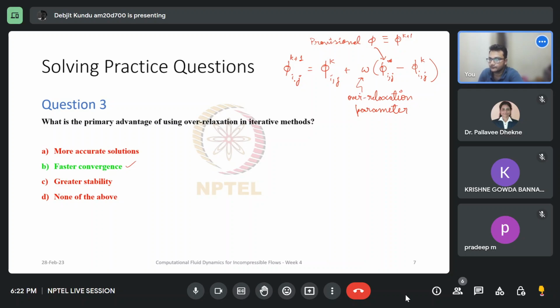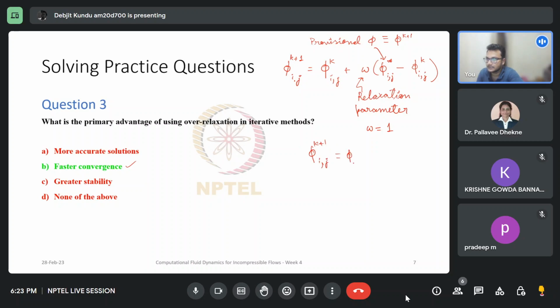So this is the relaxation parameter, I'll call it the relaxation parameter, not over relaxation. So it can be over as well as under relaxed. It depends on the value of this parameter. So let's say if this is equal to 1, what happens then? I'm forgetting about the i, j notations for a bit.